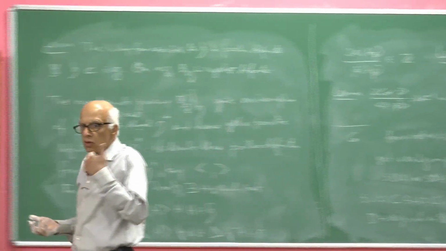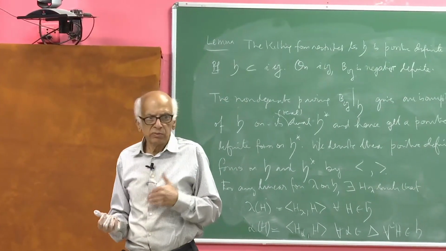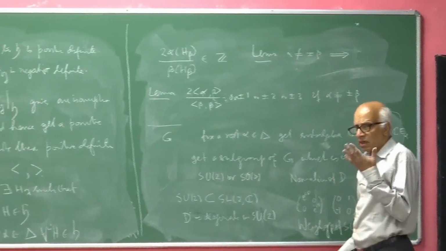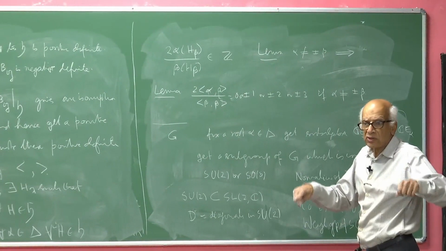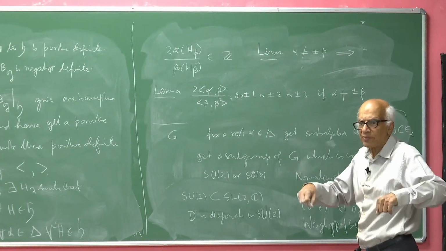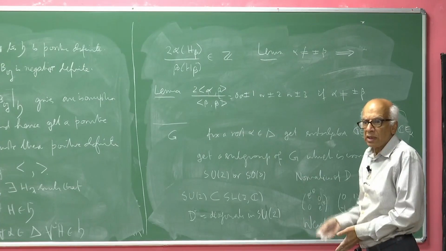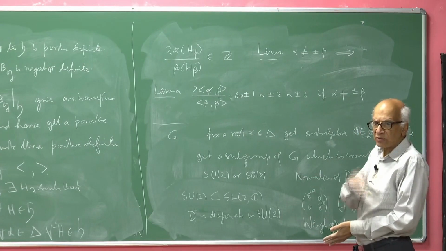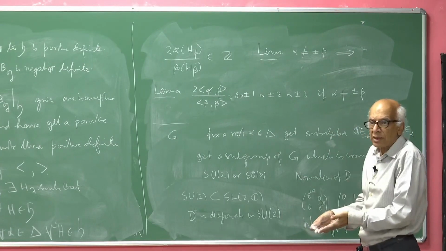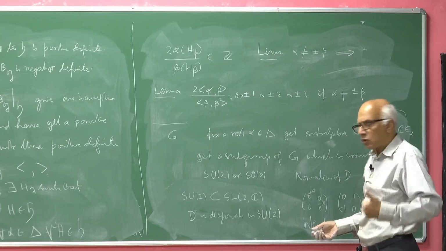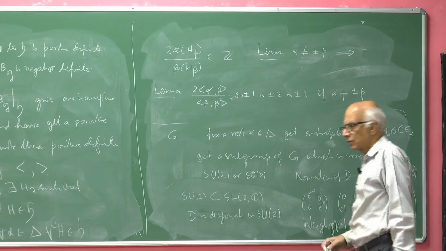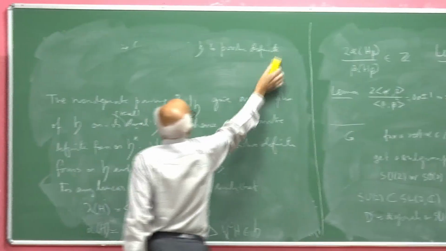The Weyl group is the normalizer of the torus modulo the torus, and those elements in the normalizer which keep each eigenspace fixed are precisely the torus itself. It means the element fixes one eigenspace as well as the other eigenspace, which means it's diagonal, so it's in the torus. So if I go modulo the torus, the group I get is a group of order 2. This is the Weyl group.